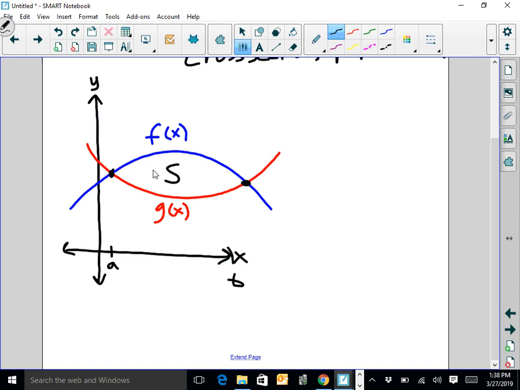This is going to be the y-axis, this is going to be the x-axis. f of x is going to look like this, g of x is going to look like this.